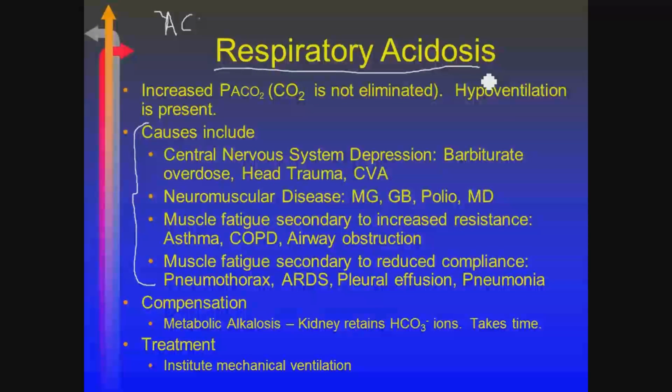So it needs to increase the number of bicarbonate ions to make that ratio back to 20 to 1. Increase the PCO2, ratio tips below 20 to 1. The body attempts to retain bicarbonate ions, increase the numerator to bring that ratio back towards 20 to 1.